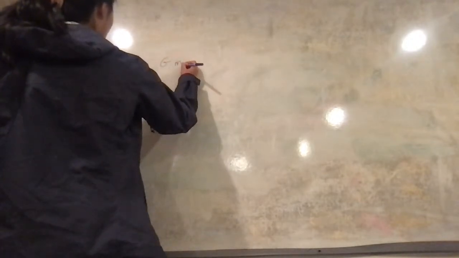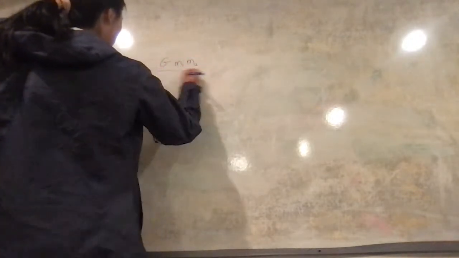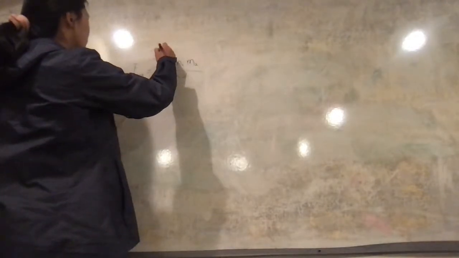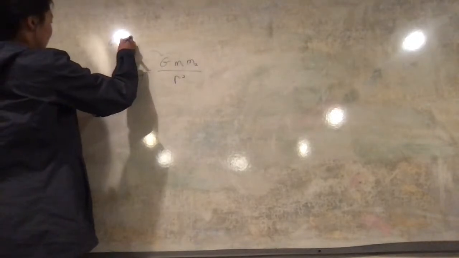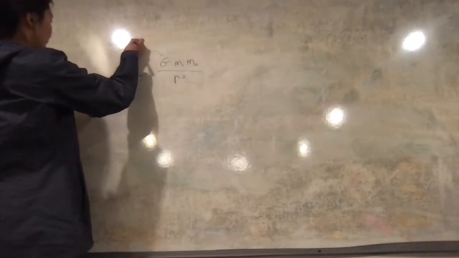So the force of gravity equation is Fg equal to G m1 m2 over r squared, where G is the universal gravitational constant, 6.67 times 10 to the negative 11, with mass 1 in kilograms, mass 2 in kilograms, and r squared.